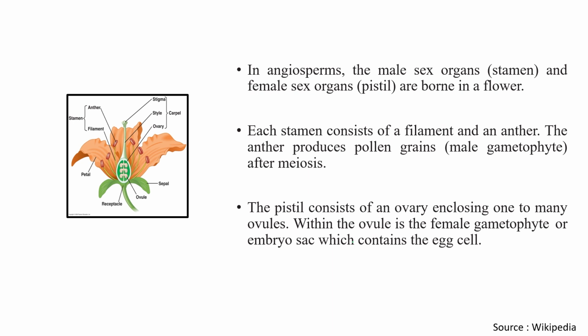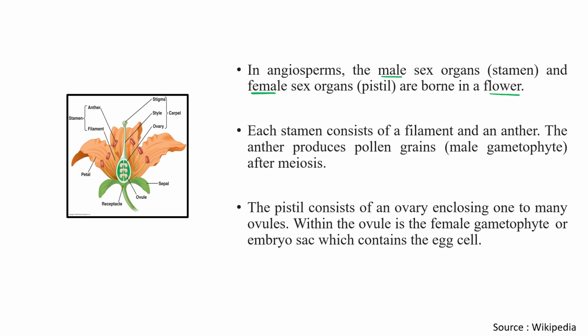Okay, so now let's discuss the reproductive part of angiosperm. Angiosperm has both a male reproductive part and a female reproductive part. Both parts are present in the flower. Okay, so this is a general structure of a flower containing both parts.